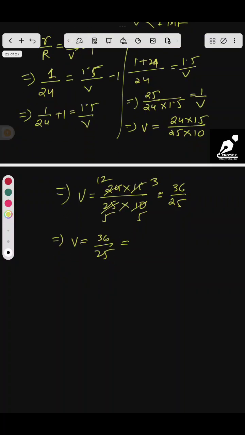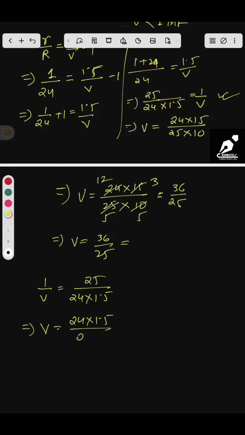Now let us try to do it in the tricky way. In this line, what we got is 1 by V is equal to 25 divided by 24 into 1.5. We just reverse it, it will be 24 into 1.5 by 25. Now if I split this way, can I write 24 into 1.5 as 1 plus 0.5? I guess yes.